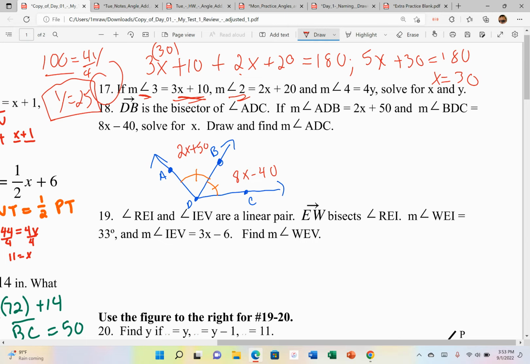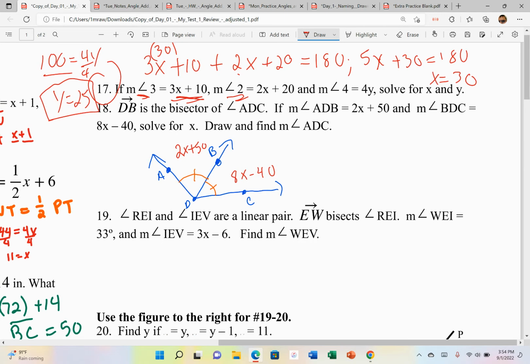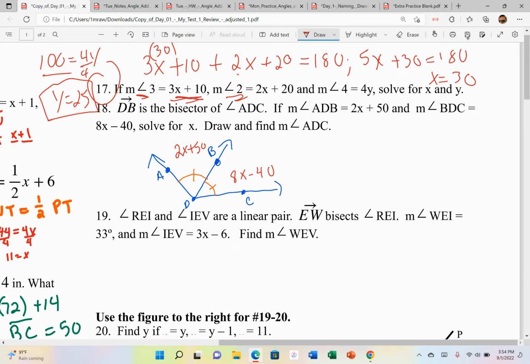So we're going to solve for x. We already drew it, so that's great. With that being said, since DB is the angle bisector there, that means that these two angles are congruent. The definition of congruency is equality. So that means angle ADB is congruent to angle BDC.